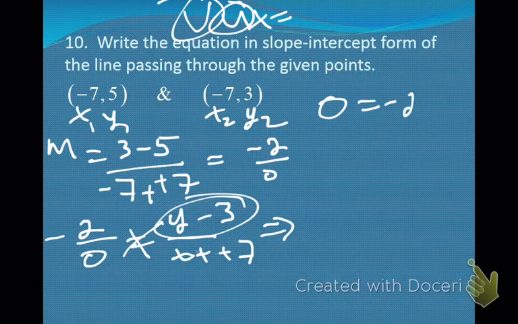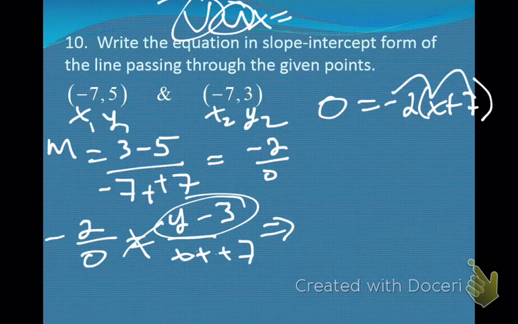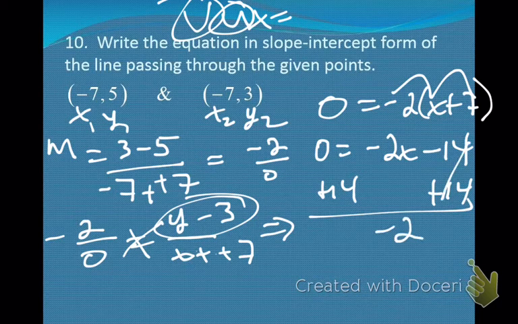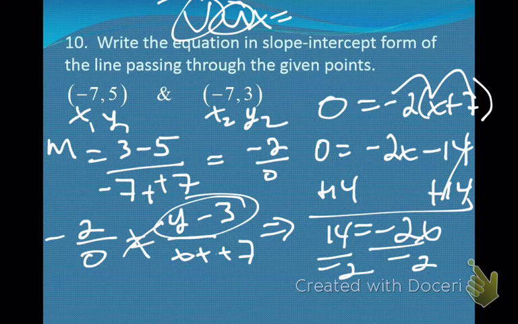Negative 2 times x plus 7. Distribute. Add 14. Divide by negative 2. And now your equation just has an x in it, and it's x equals negative 7.